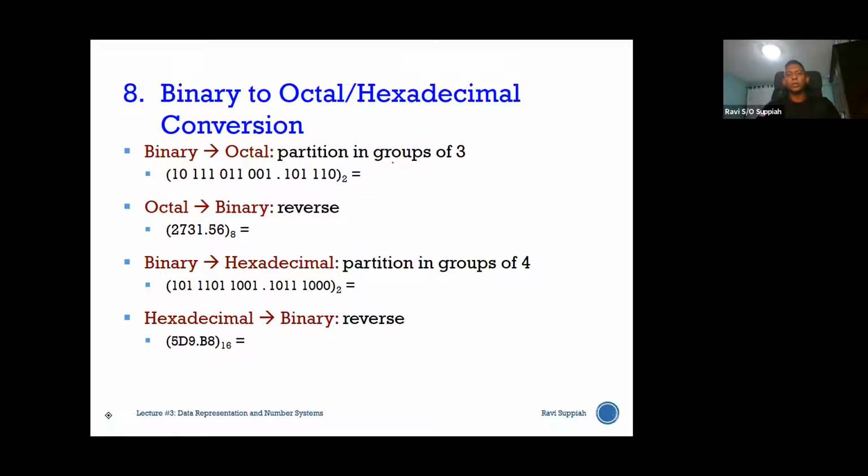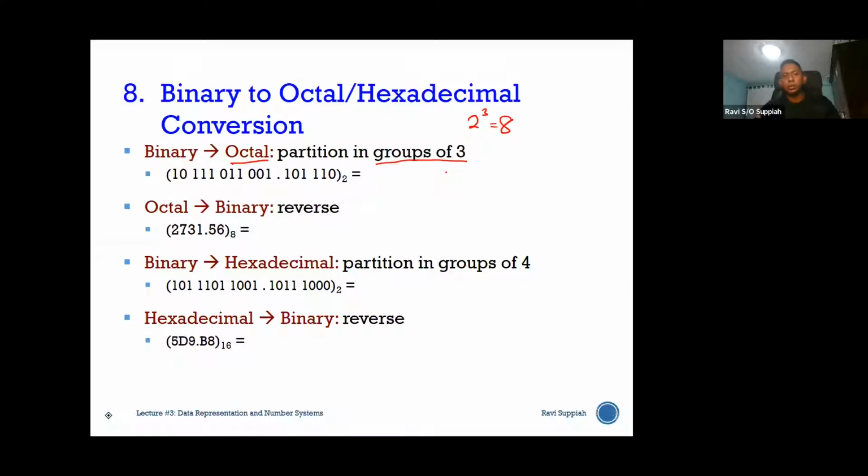Why groups of 3? Because 2 to the power of 3 is equal to 8, and octal is a representation of 8 different symbols. That means 3 binary bits is enough to represent all the different symbols in an octal form.